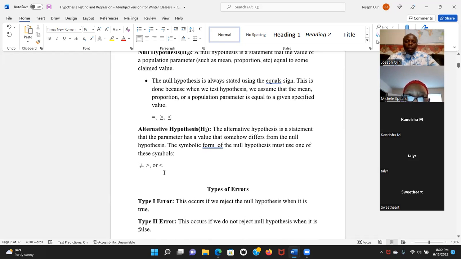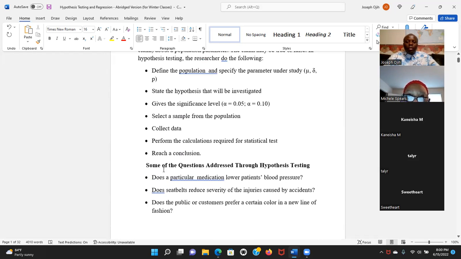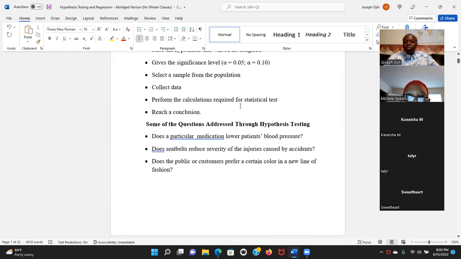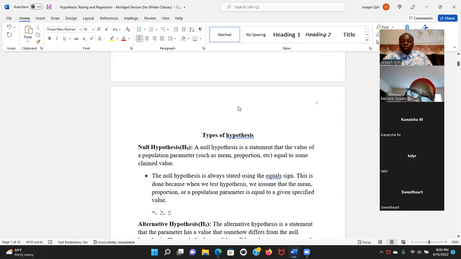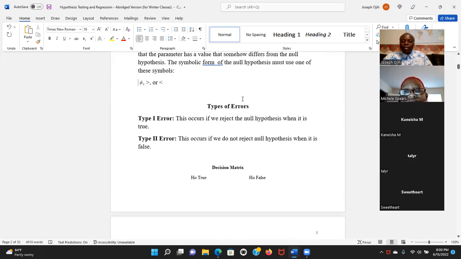Now, if you remember, I mentioned that if you say that you are 90%, 95% confident, your chance of being wrong is 5%, right? So that is a typical example of human error, and we recognize that in hypothesis testing. There are two types of errors we make. One is the type 1 error, and the other one is type 2 error.